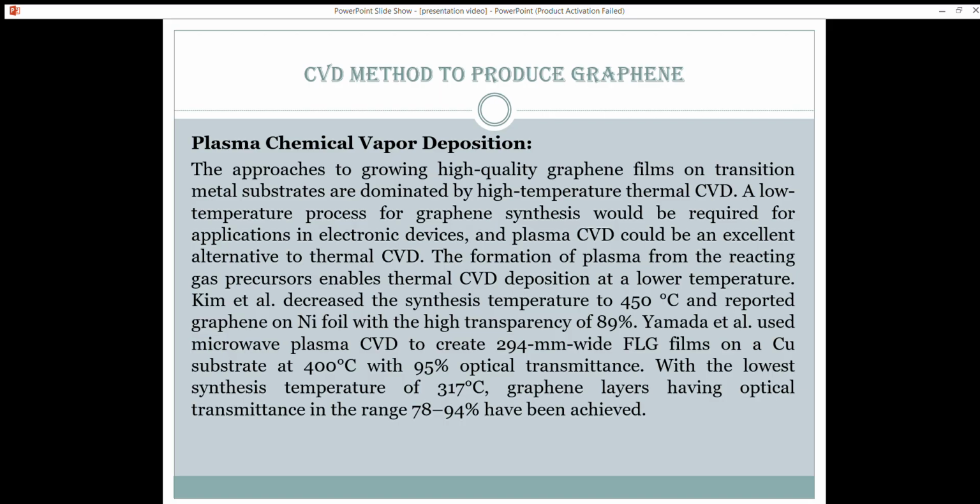So as we see, by decreasing the temperature from 450 to 400, then 317, the optical transmittance range has also increased, and graphene of good quality was produced, which we use in very many applications where we cannot use the graphene produced by the thermal chemical vapor deposition method.